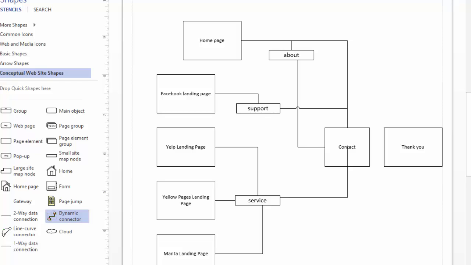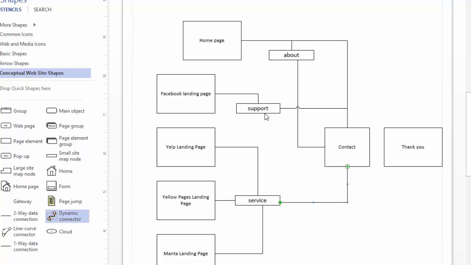So the key thing is when you start connecting these pages, when you're making a path from one page to the next, what you have to realize is that you are trying to get them to this target page. And your diagram needs to illustrate that. So from the Facebook landing page, my key is not to be pointing them to the service.